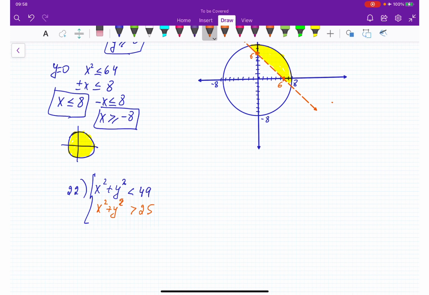So right away, I can say both are going to be circles, and the shaded area is going to be between these two circles, because we have less than 49 and greater than 25. This is 25, this is 49, right? So it's going to be between two circles.